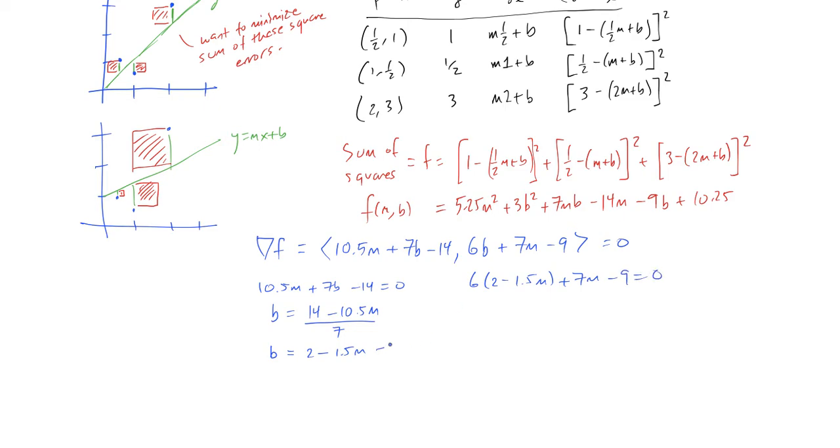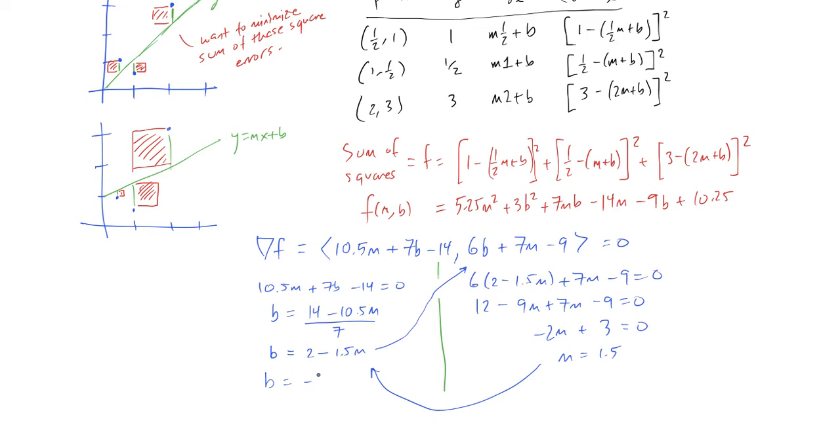I'm substituting this in to the second equation here, which has to also equal 0 for the gradient to be 0. And I'll get 12 minus 9m plus 7m minus 9 equals 0. So that'll be 3, and then negative 2m, which means m is 1.5, which then if I put back in here, I'll get b equals 2 minus 1.5 squared, which is 2 minus 2.25. So this is negative 0.25.